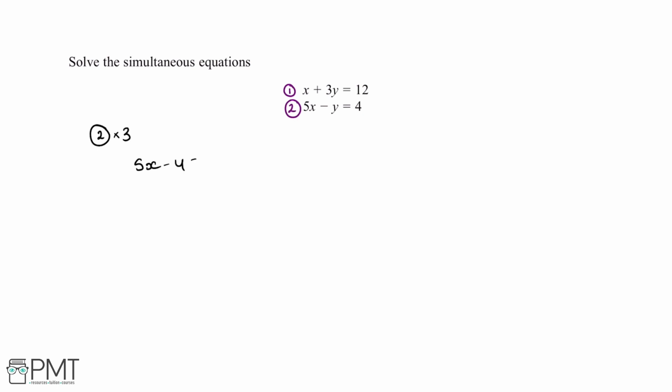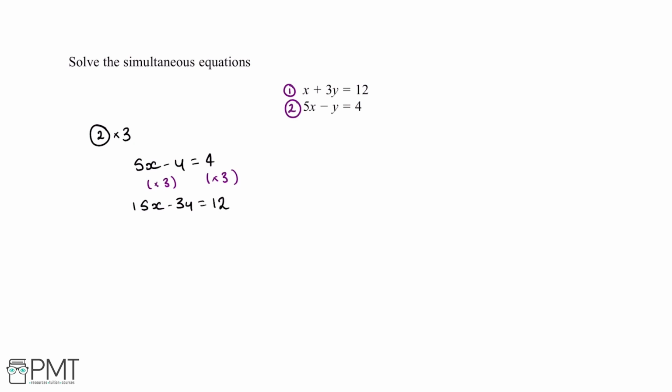In order to multiply this equation, we need to multiply both the left-hand side and the right-hand side by 3. So 5x minus y multiplied by 3 will give us 15x minus 3y. And 4 multiplied by 3 is 12.